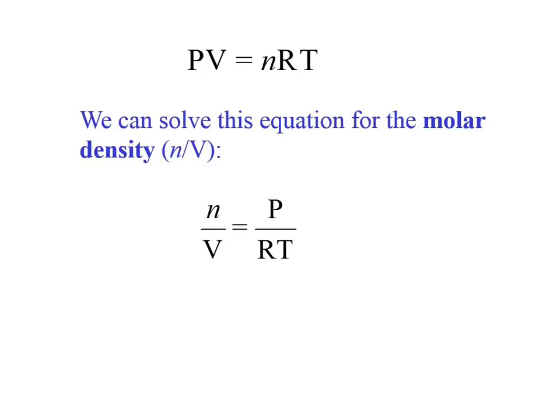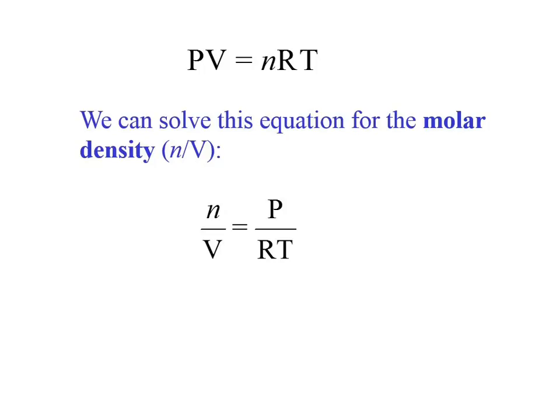Yeah. And then you have grams over volume instead of moles over volume. So this is one of those where we are going to solve it and leave it in N over V.